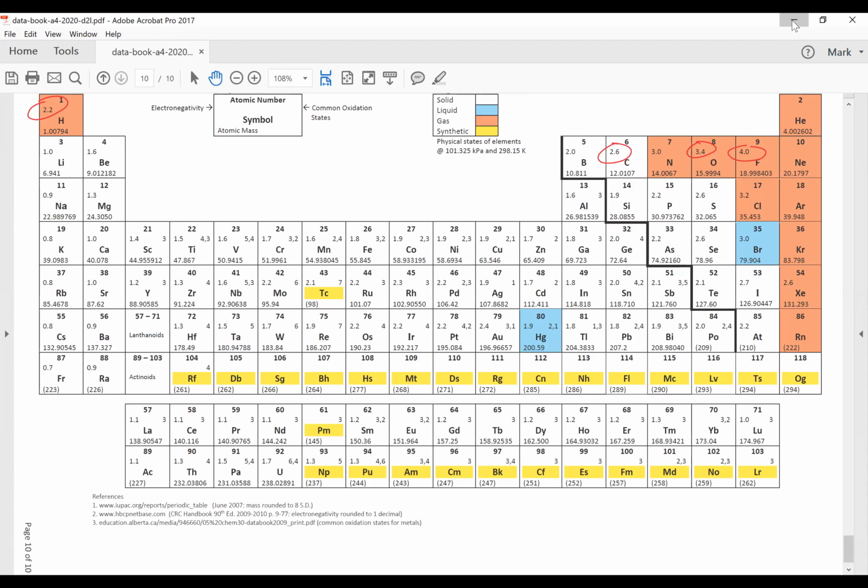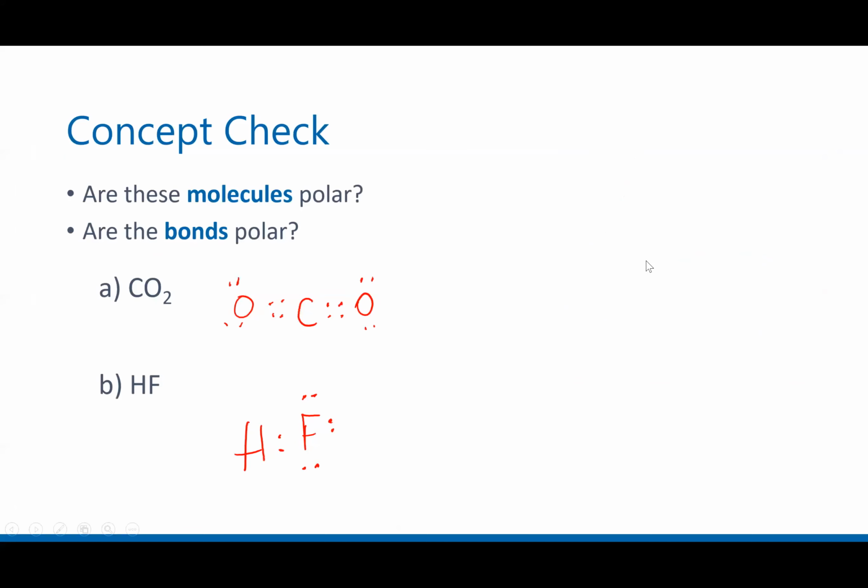All right, let's write these numbers down. 2.2, 4.0.